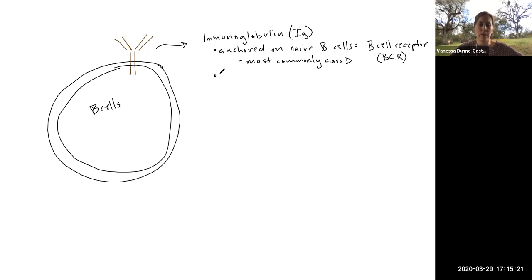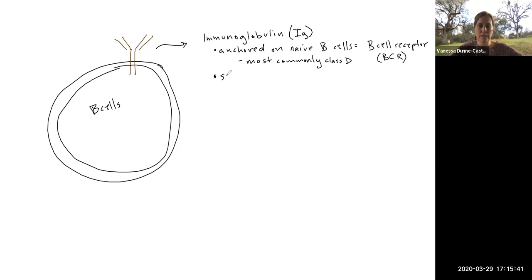But when that B cell has encountered antigen, has been activated and undergone clonal expansion and has become an effector cell, then that immunoglobulin becomes secreted. So it loses its transmembrane domain and becomes a secreted immunoglobulin.